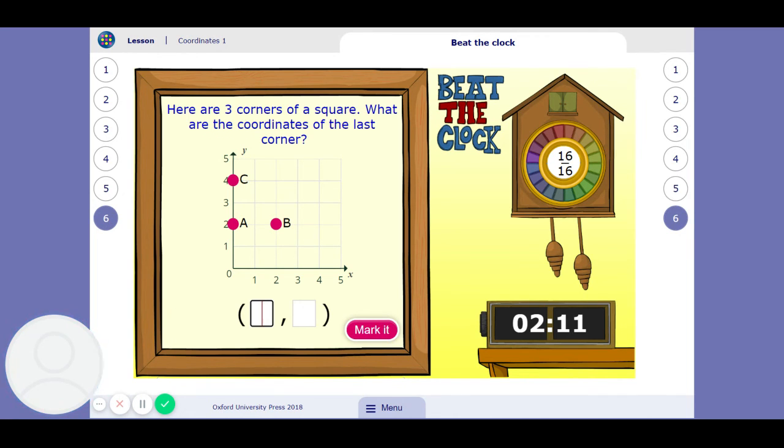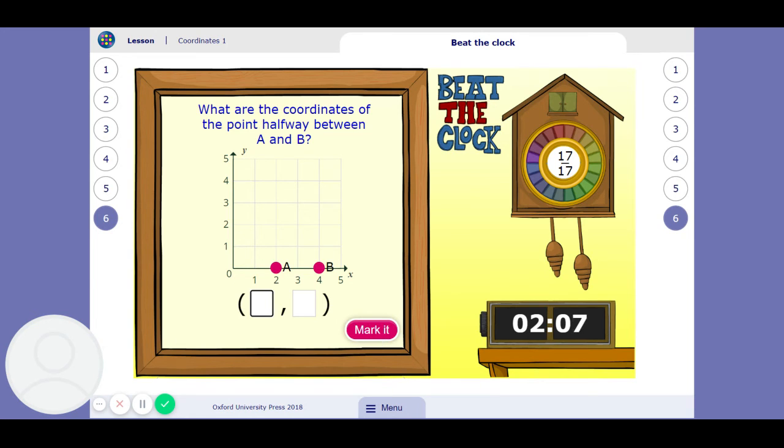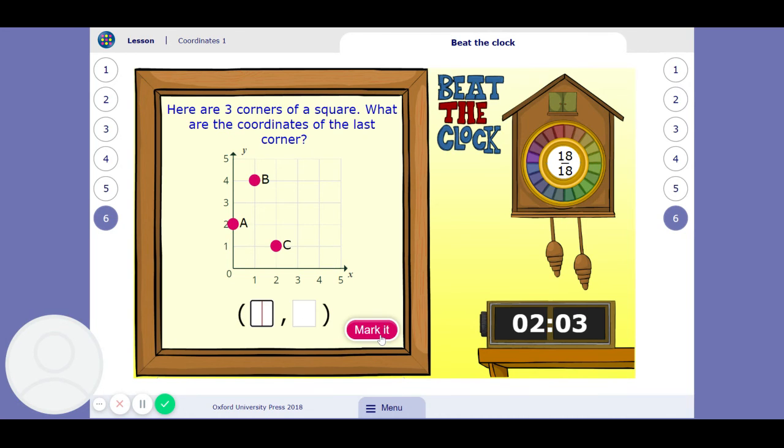Last corner of the square is going to be 2, 4. Halfway between is going to be 3, 0. Last corner of this square is going to be, I believe, 3, 3. A bit difficult when there are diagonal squares like that. Halfway between here, 0 across and 1 up.